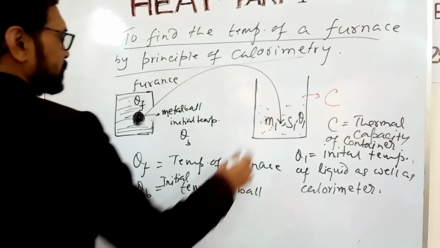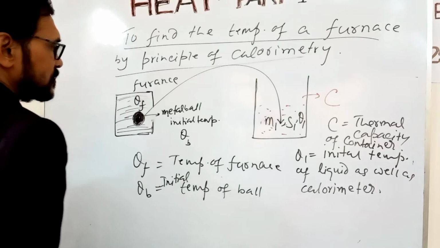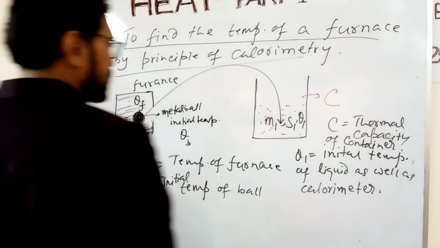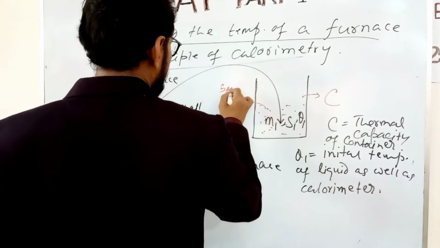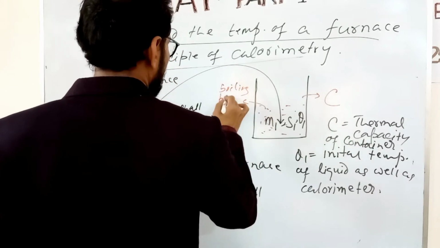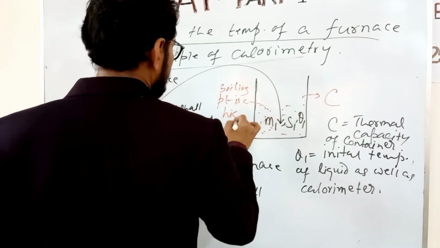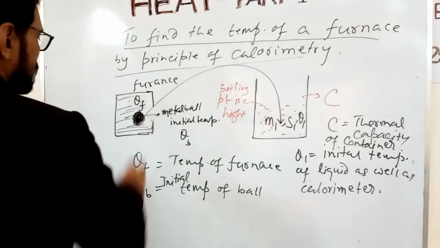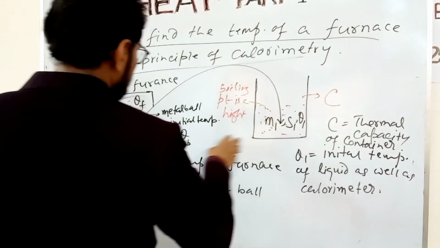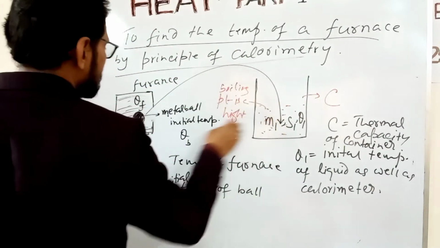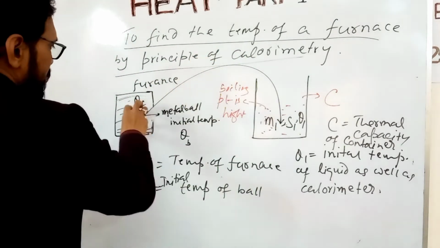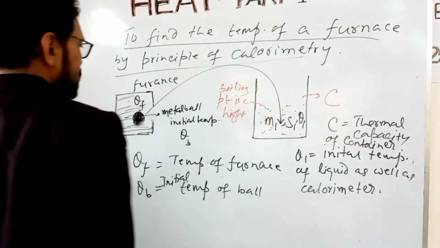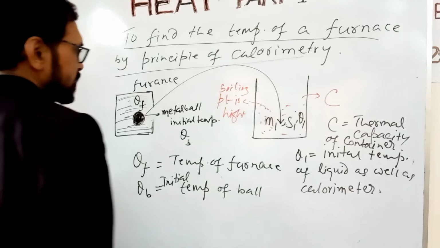The boiling point of the liquid is high, so that no liquid evaporates. The metal ball is quickly shifted such that no heat is lost, and put into the liquid of the container.